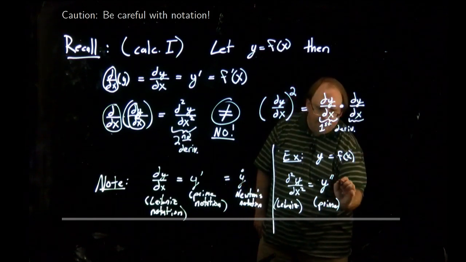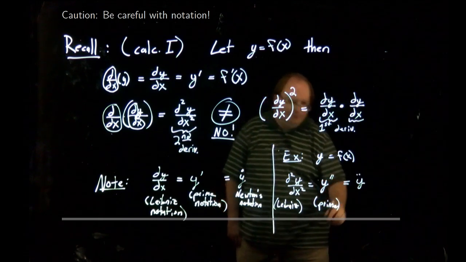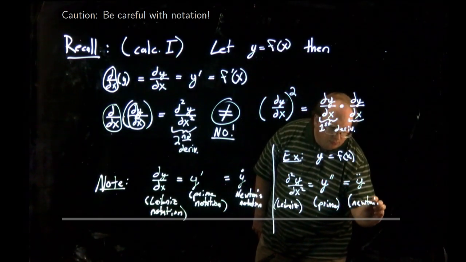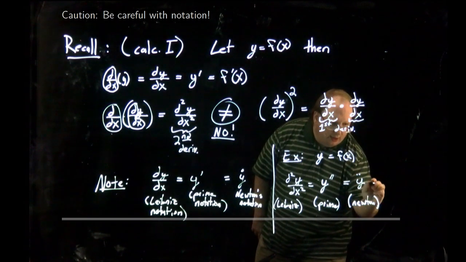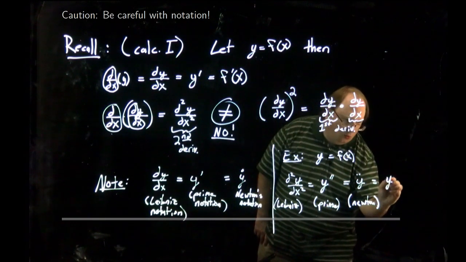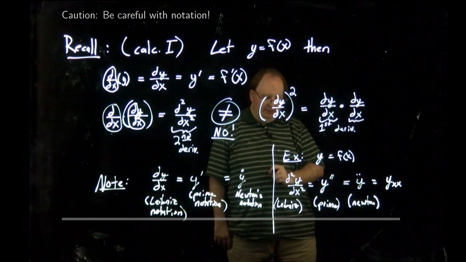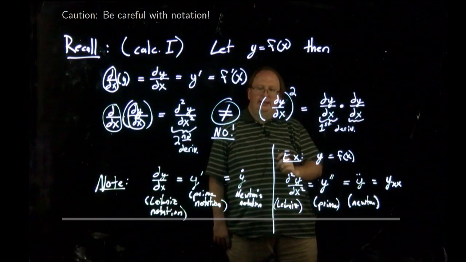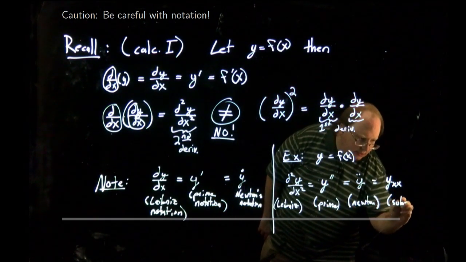And I can also write this as y with two dots in Newton's notation. And sometimes you'll even see it written as y subscript xx, kind of like what you saw in the Calc 3 class when the subscripts indicate taking the derivative. And we just call this the subscript notation.